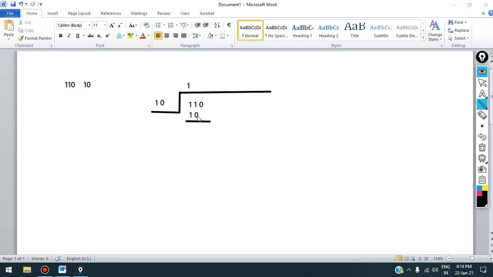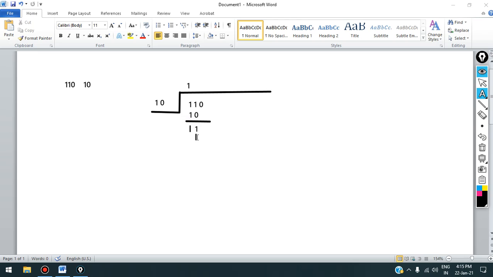So 1 minus 0 is 1. So here will be definitely 1. And next is 1 minus 1. 1 minus 1 is 0. Remember this, we are following here binary subtraction rules.